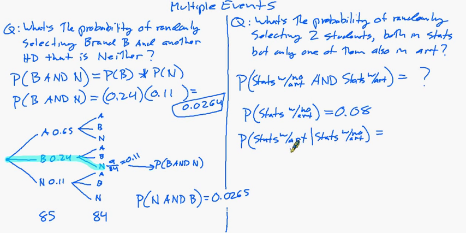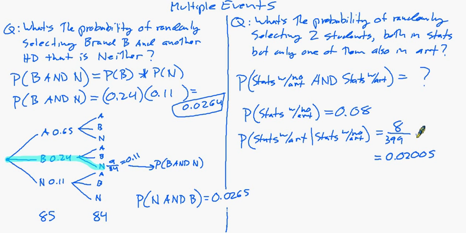So our second event is going to be the probability of stats with art, given that the first student has already been selected, stats with no art. So the numbers, we had 400 students. One has already been selected, so we have 399 left. Right? We had, and if we look for the number of students in stats with art, that's 8, which, if we do that out, is 0.02005.